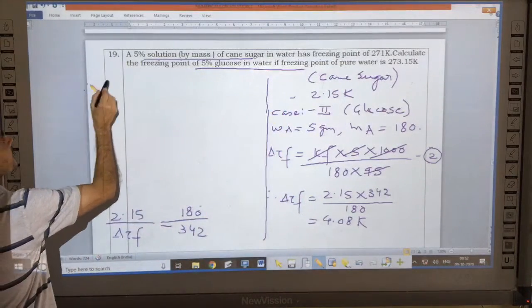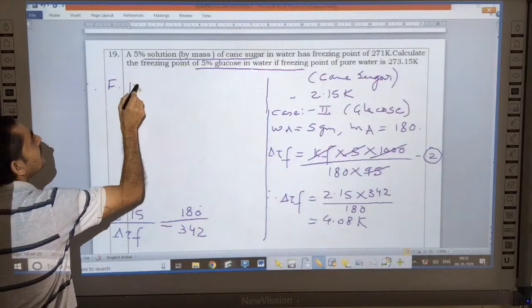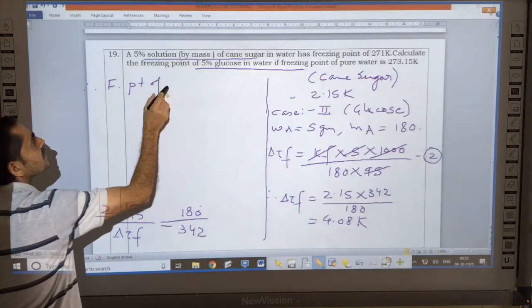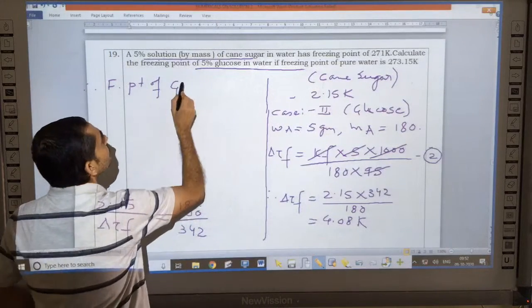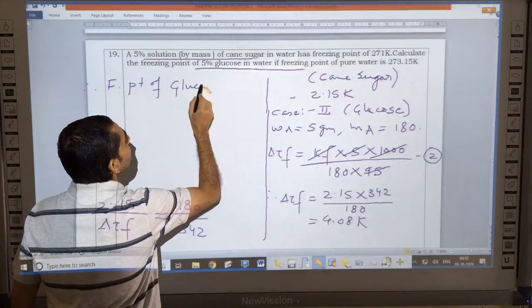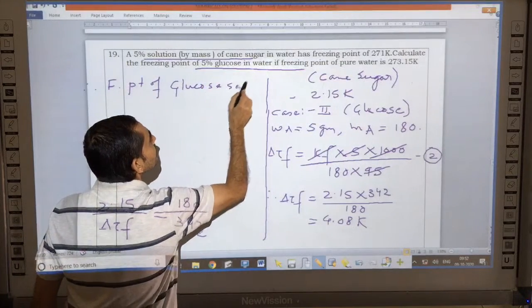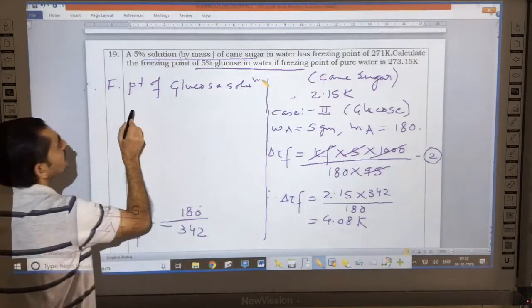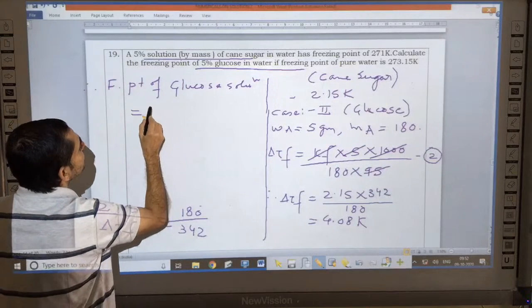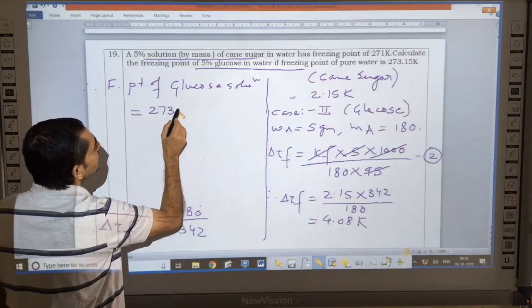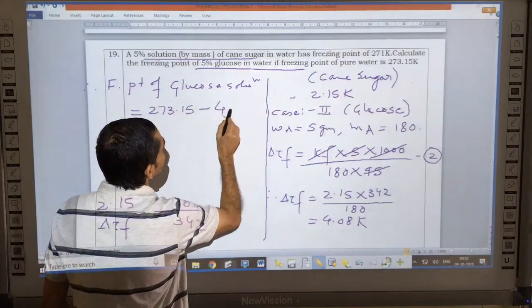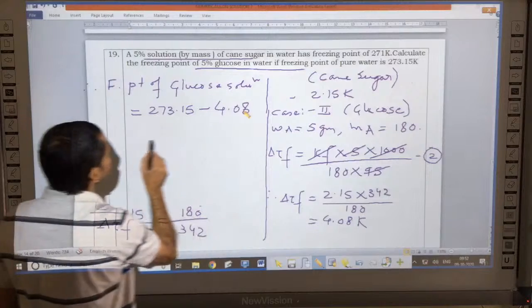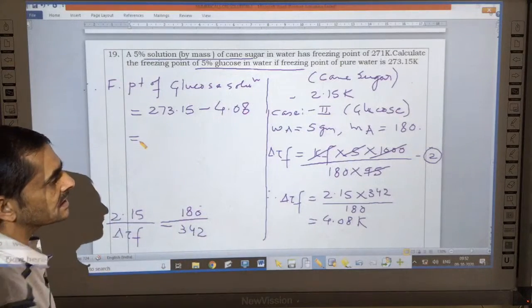Therefore, freezing point of glucose solution is equal to freezing point of water, which is given, 273.15 minus delta TF, 4.08. You solve it, you will get the answer.